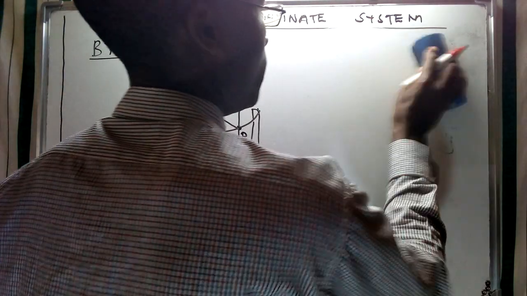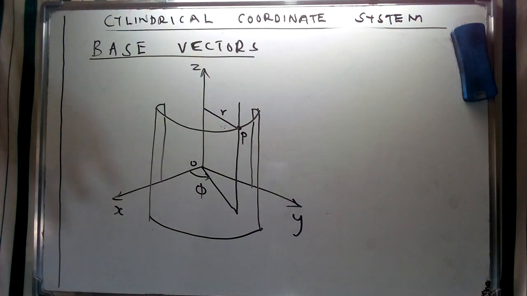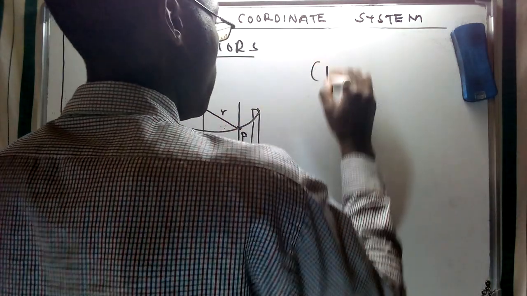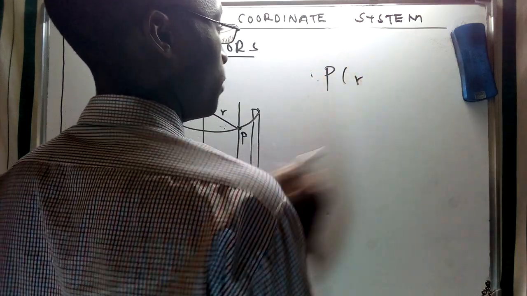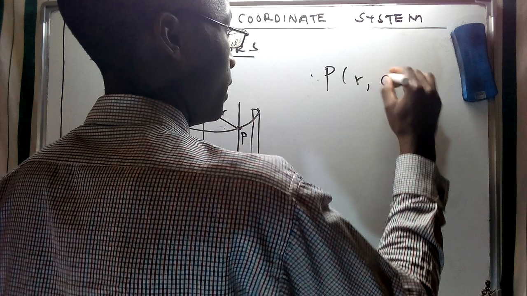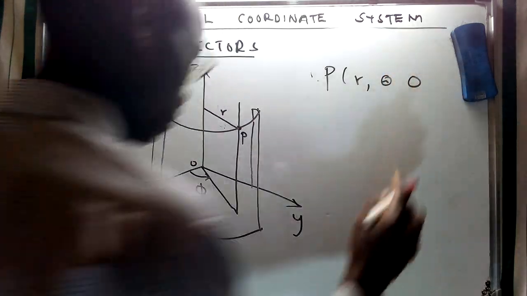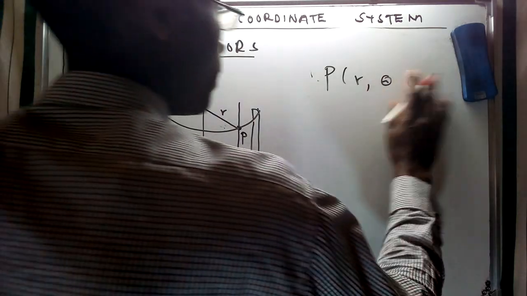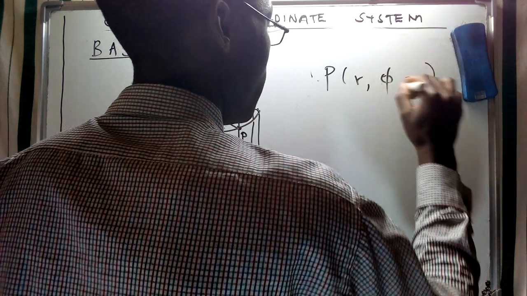So for the cylindrical coordinate system as well, we can express the unit vectors at a particular point. In this case, I've chosen a point P, which is going to be defined by three basic variables: r, phi, and z.